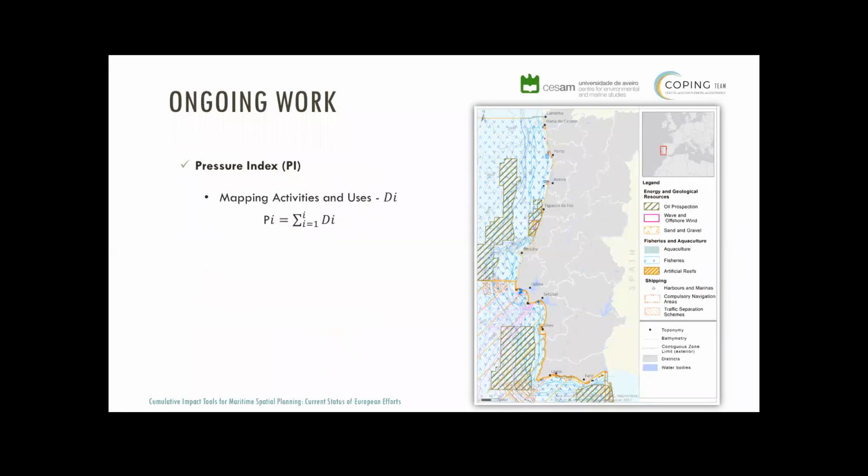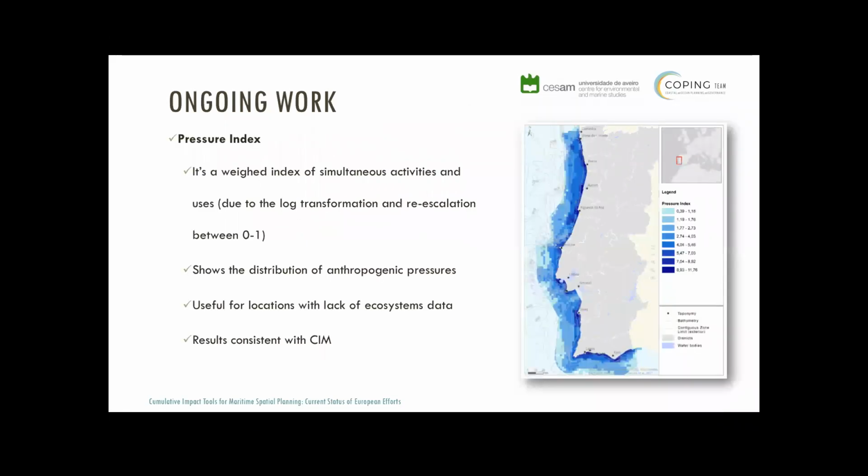We developed an index of pressure where we excluded all the biological and ecological information, and we summed the scores of the activities and uses and called it a pressure index. This way, we were able to map where these pressures occur in the study area. Basically, it is a weighted index of different activities that occur simultaneously and also uses.